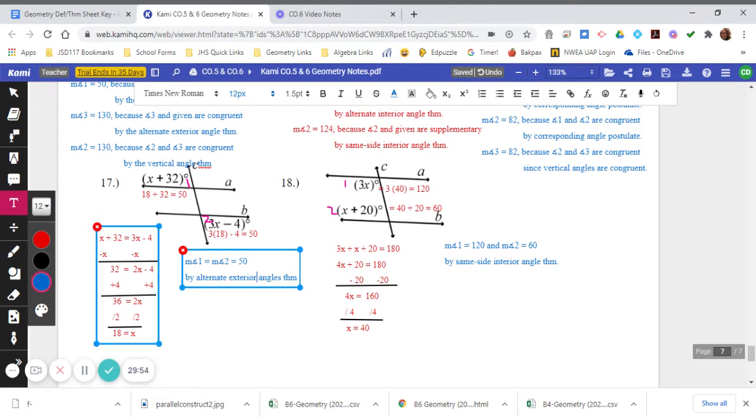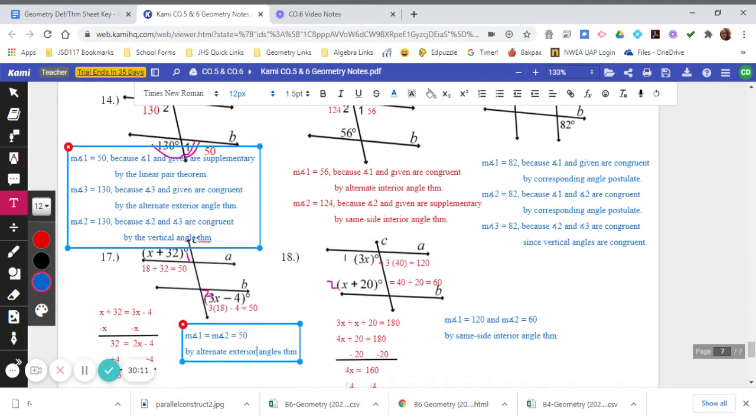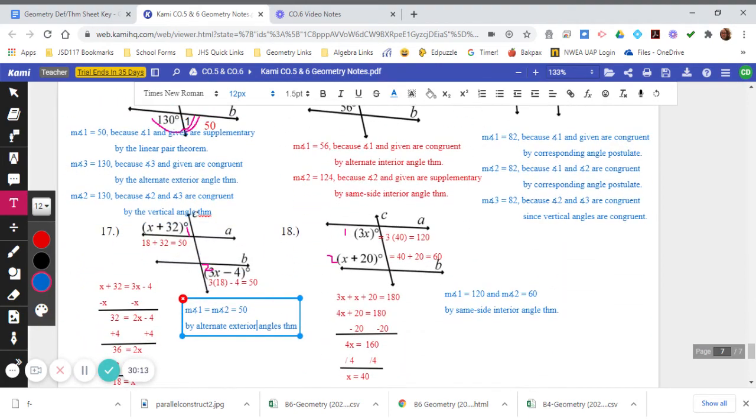So I set x plus 32 equal to 3x plus 4, and then I solved my equation. Once I solved, I got 18 as my answer. I put that back in because, again, they were wanting the angle measure. They weren't asking me to solve for x up here. They were asking me to find the actual angle measure.